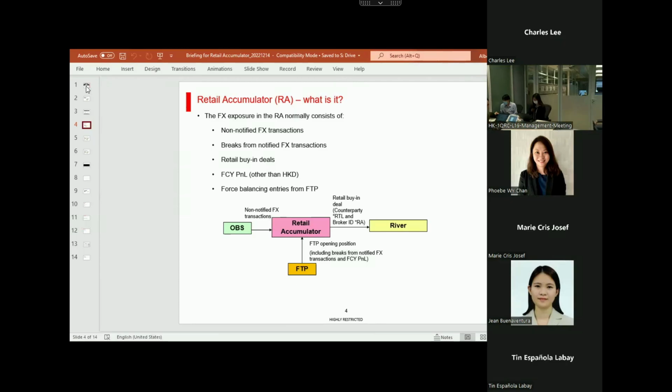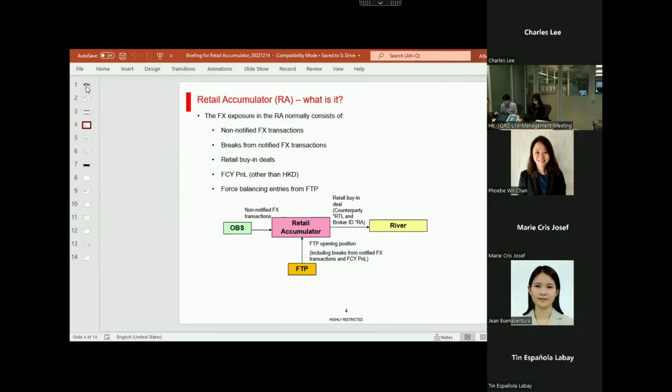These exposures flow into RA, and the trader manages it during the day. They will just let the flow accumulate, sometimes offsetting exposures, sometimes accumulating to a certain amount, and he will then manage it and transfer the exposure from RA to his own trading portfolio.